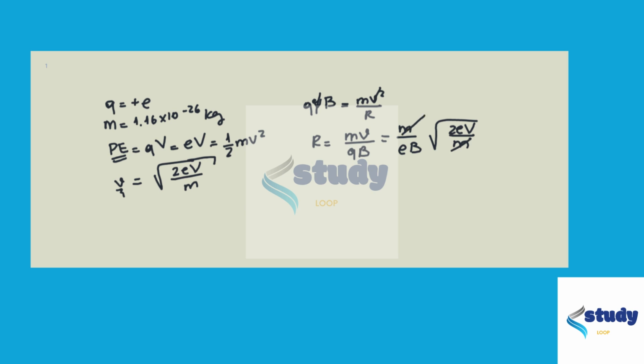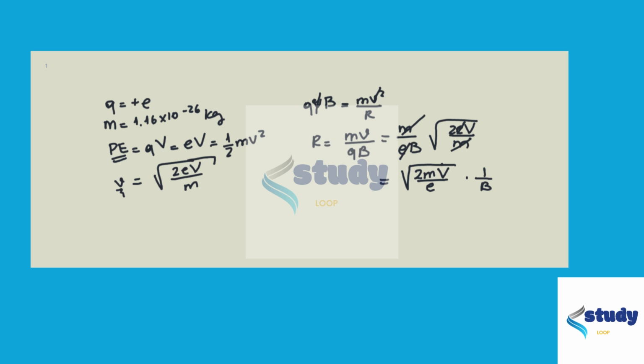Now we cancel out these two, and then we cancel out these two. Then what we have is basically the square root of 2mV over e, times 1 over B. This 1 over B term is outside of the square root.